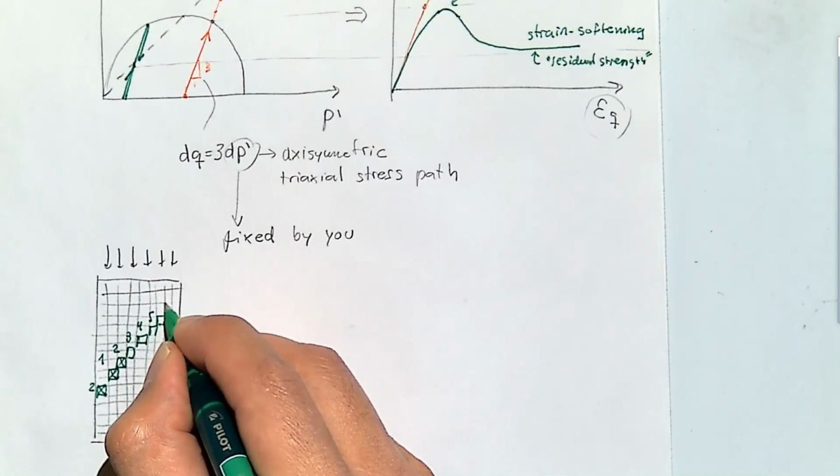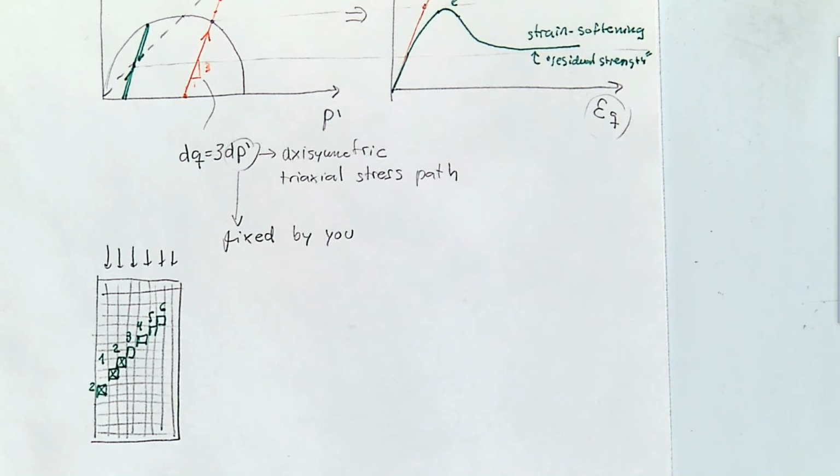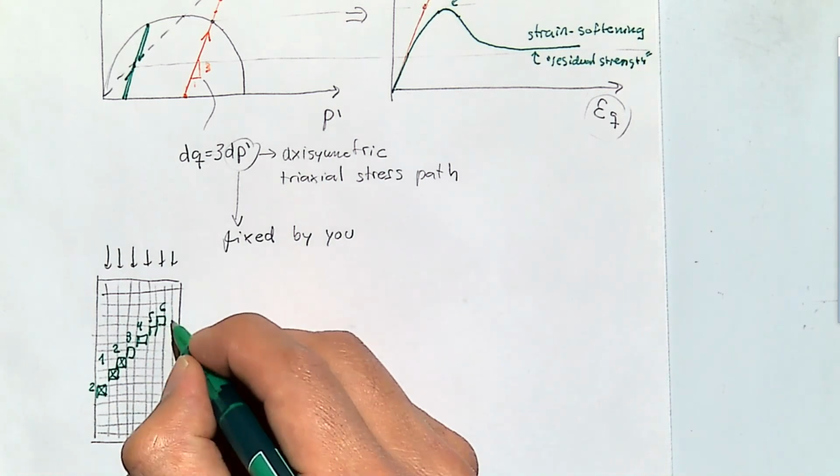And this is going to form a well-defined failure surface, because the failure is propagating adjacent to the elements. And here I'm drawing these ones at an angle because I'm trying to emphasize that this is going to be a shear failure, and that's why it is at an angle.